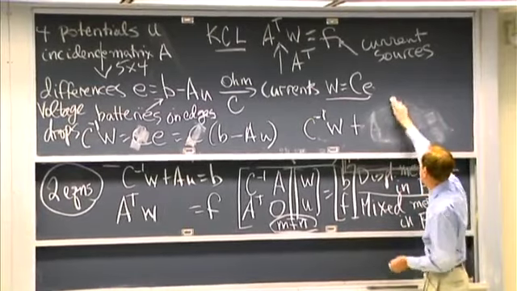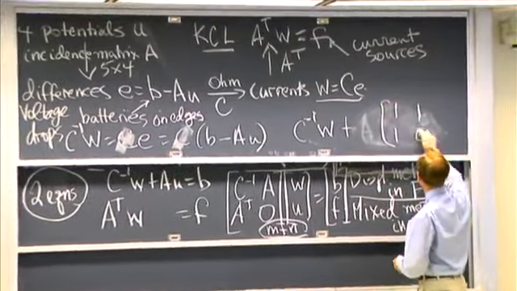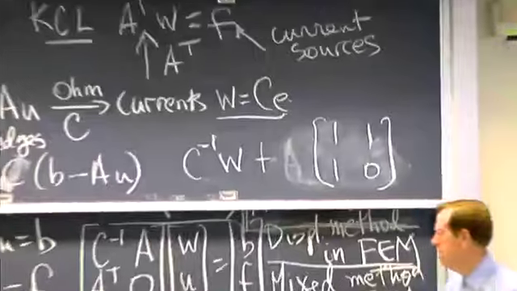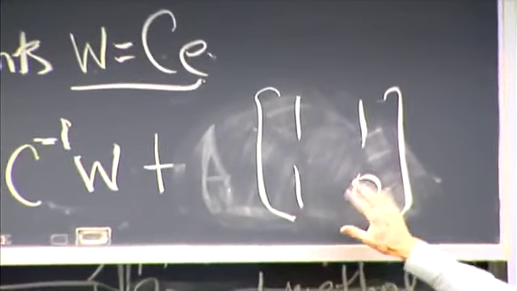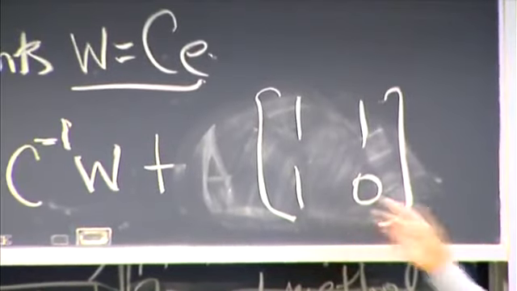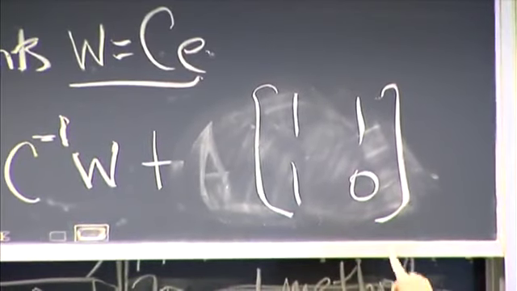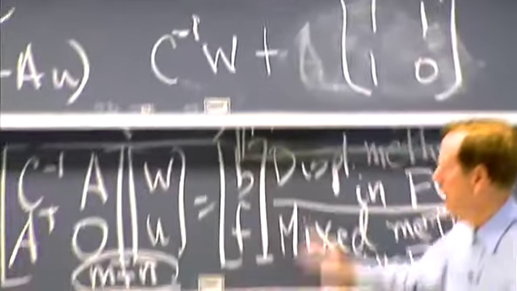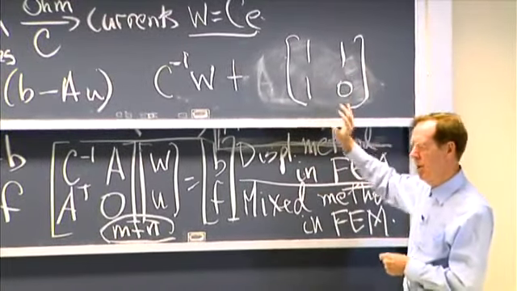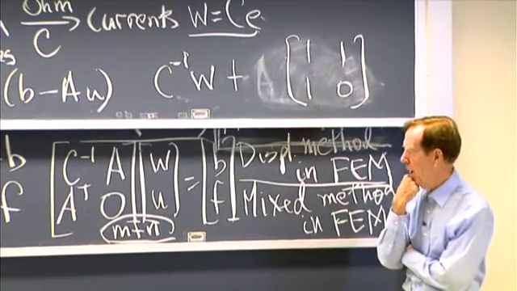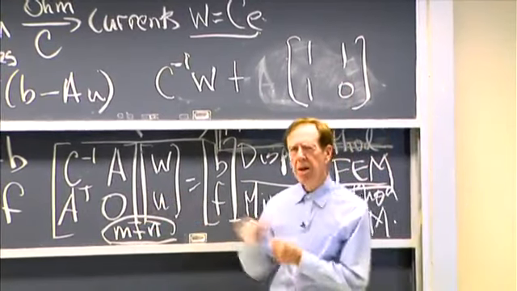I'll just make it 2 by 2. Here's a model for that matrix, where C is just a 1 and A is just a 1. It's kind of laughable, right? That model is not the real thing, but it gives you an example to check against. Okay, what's the property of that matrix?